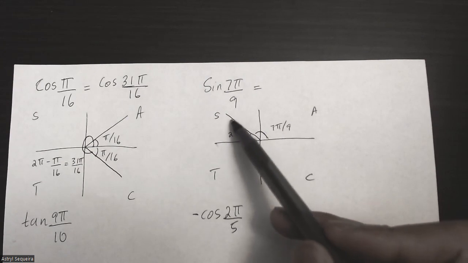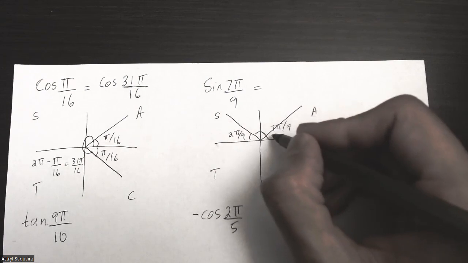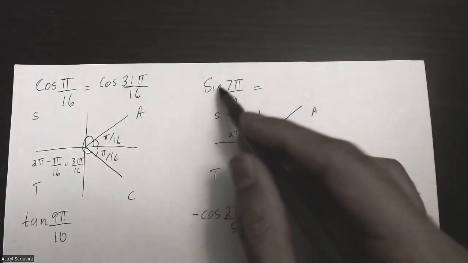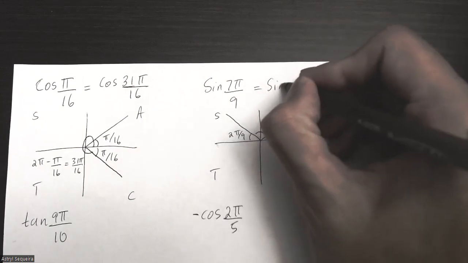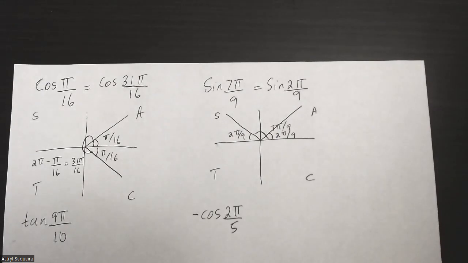Now, sine is positive in this quadrant, which means sine is also positive in the first quadrant with the same acute angle of 2 pi over 9, which means that sine of 7 pi over 9 is the exact same as sine of 2 pi over 9.